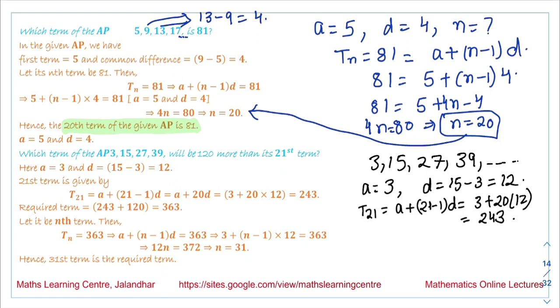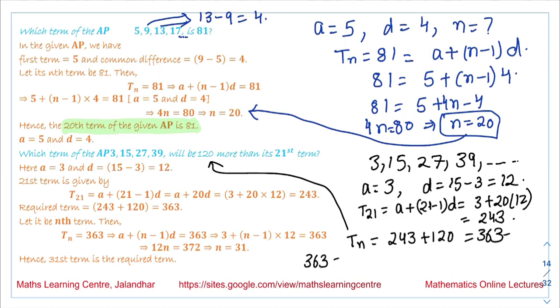Now we have to find which term, suppose it is the nth term, which is 243 plus 120, that is equal to 363. We are talking about the term that is 120 more than the 21st term. So 363 is equal to a plus (n minus 1)d. The value of a is 3, n we have to calculate, and the value of d is 12.